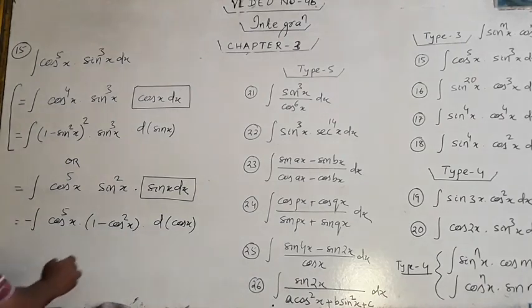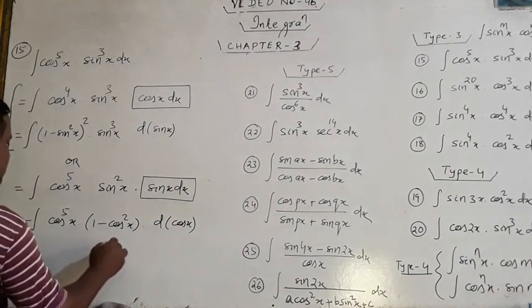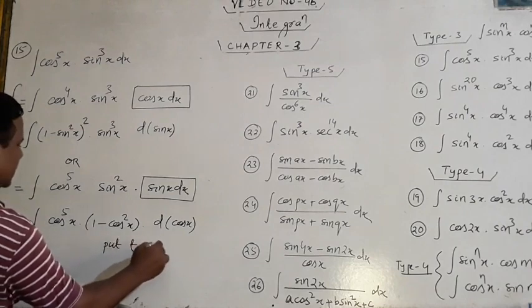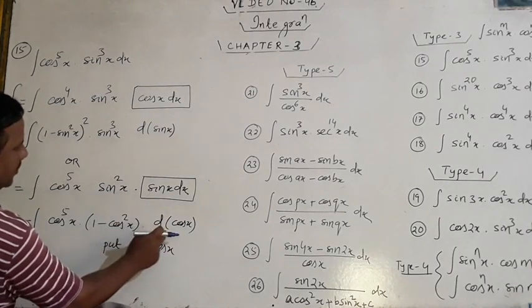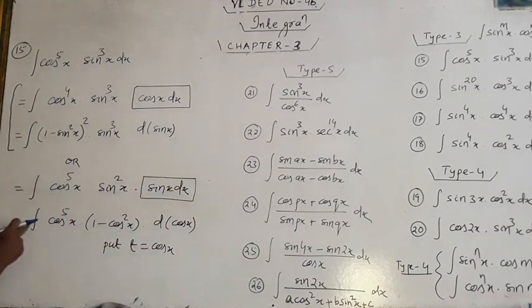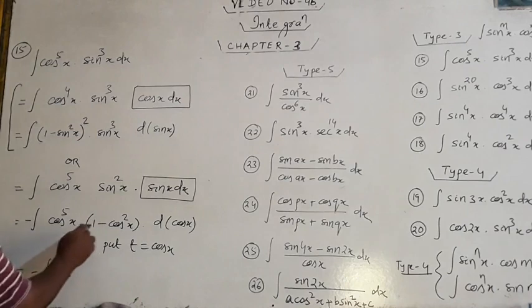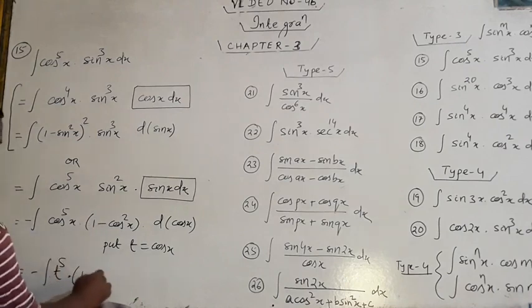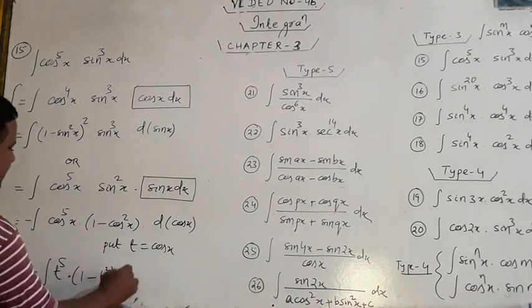Then put t is equal to cos x. Its derivative is minus sin x dx. So this minus I am multiplying here, so it is adjusted here. So it is minus integration t to the 5, 1 minus t square into dt.